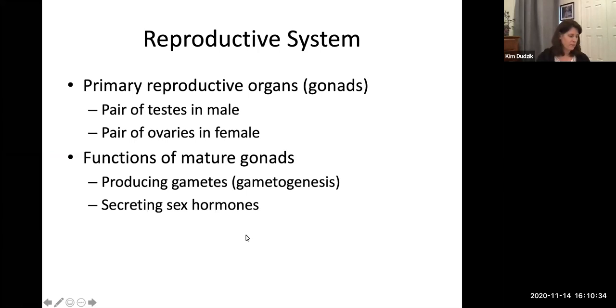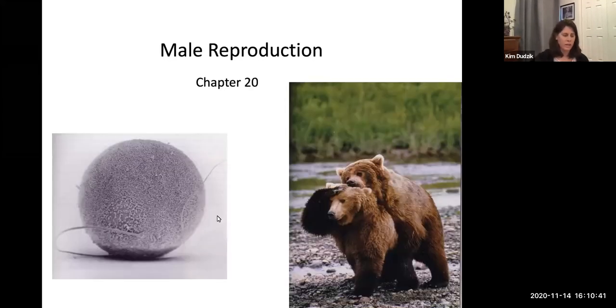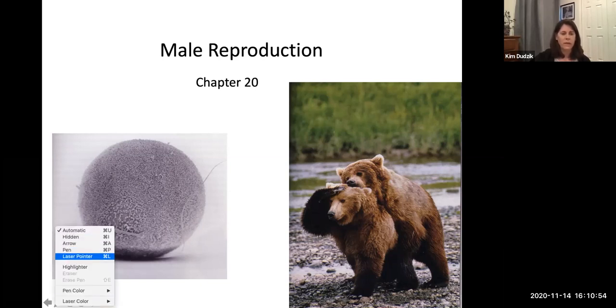Okay, so reproduction is the union. Let me actually go back a slide. It's the union of the male and female gametes. Gametes is a general term for egg and sperm. The female gametes are the eggs and the male gametes are the sperm.